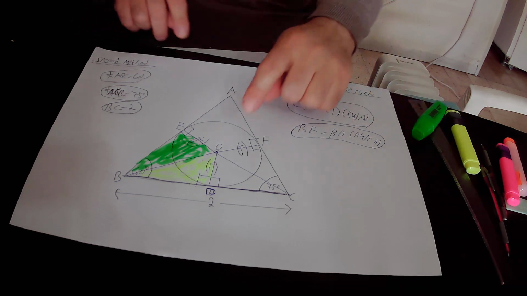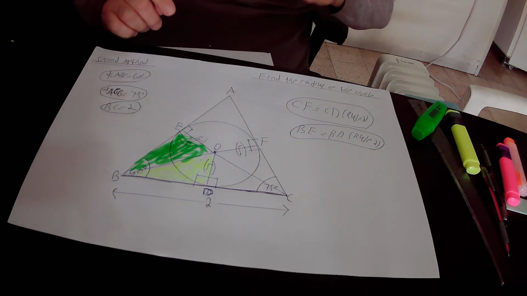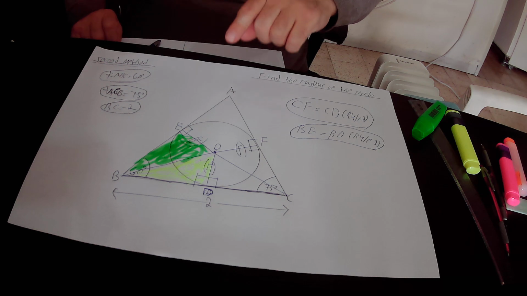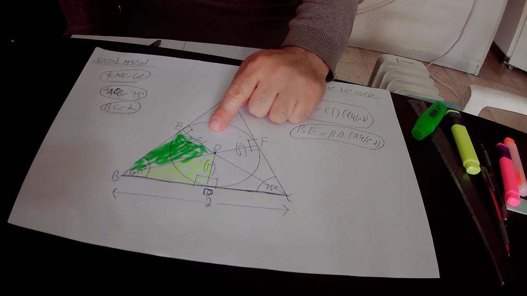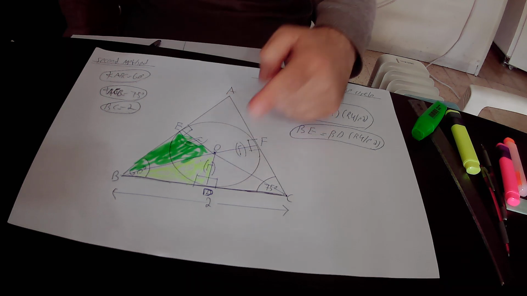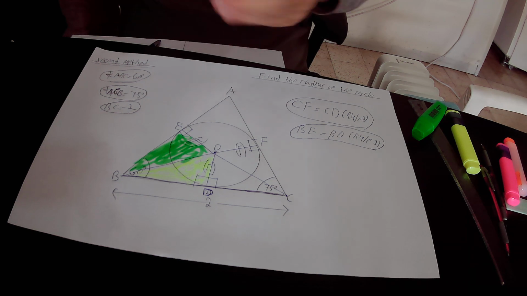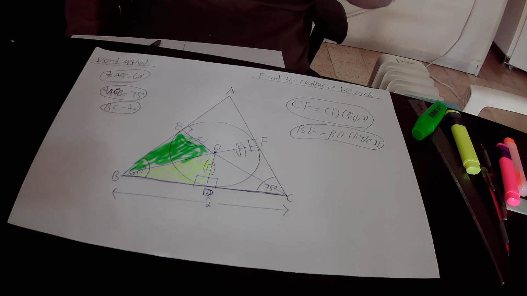So why can those two right triangles coincide? First of all, side EO of the green triangle is equal to side OD of the yellow triangle. They are both the radii of the circle, therefore they are equal to each other.